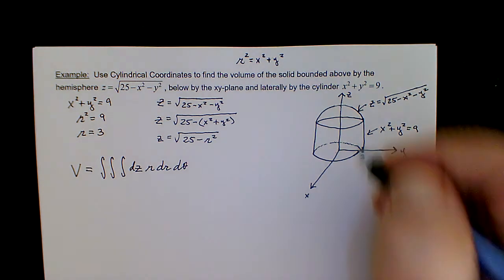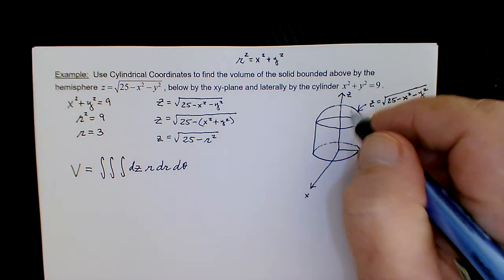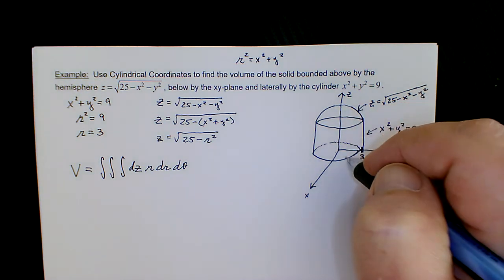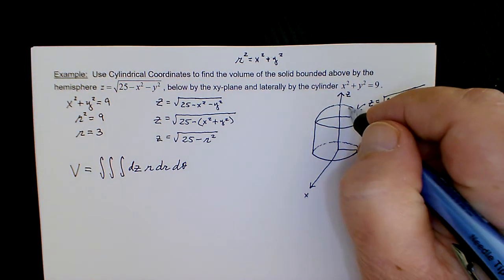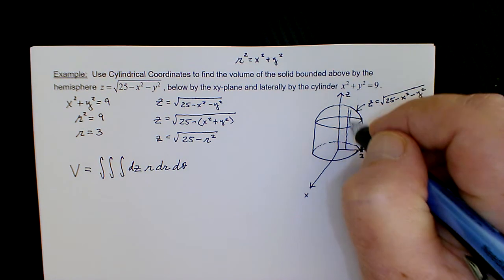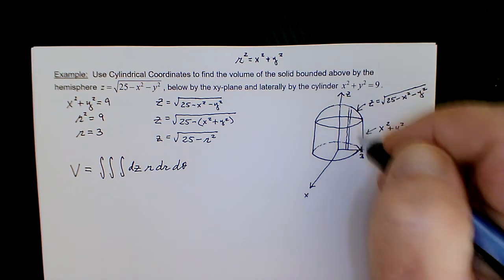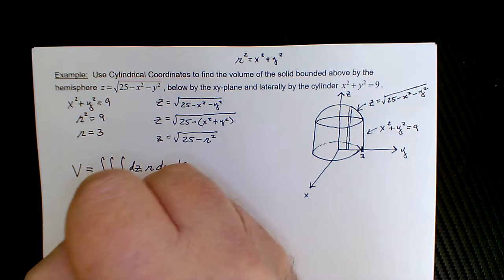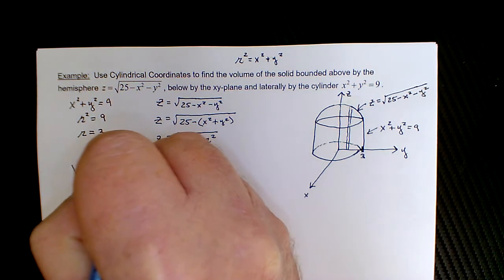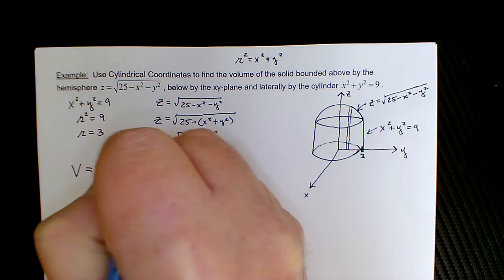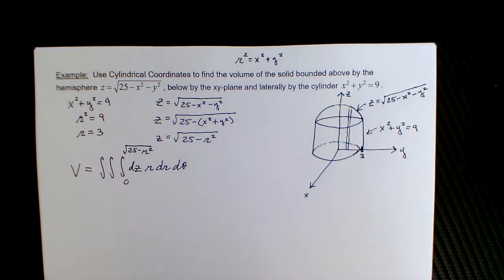And so as we look at how z ranges, basically it starts at 0, so you have to think of these vertical strips, right? And z ranges from 0 to the hemisphere, so 0 to the square root of 25 minus r squared.